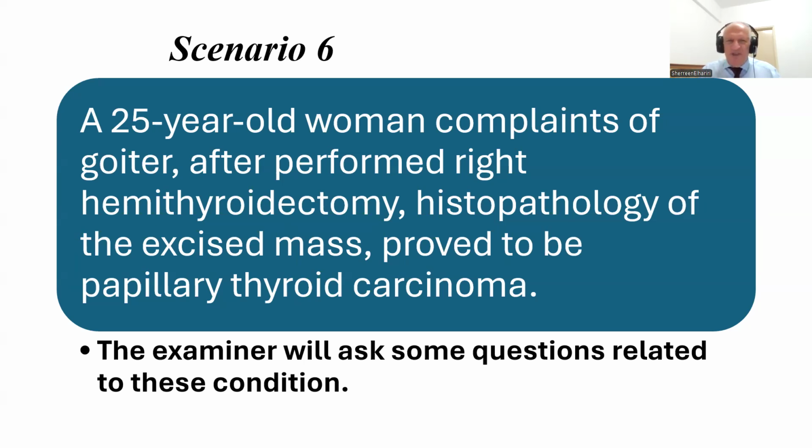We don't have much debate about it, but you can find in some books that if the tumor is less than 1 centimeter with a safety margin of more than 2 centimeters, you can follow up the patient. But the classic, basic gold standard for papillary thyroid carcinoma is to do completion thyroidectomy, removing the other part of the thyroid, followed by radioactive iodine.